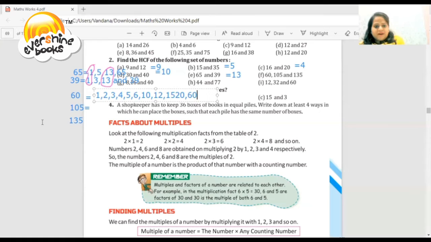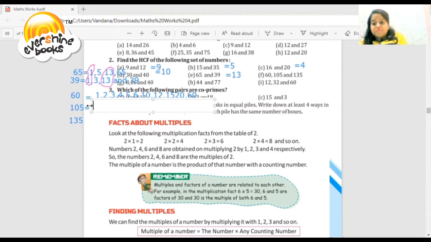These are the factors of number 60. Now you will write the factors of 105. Take out your notebook and write the factors of 105. So your answer is 1, 5.